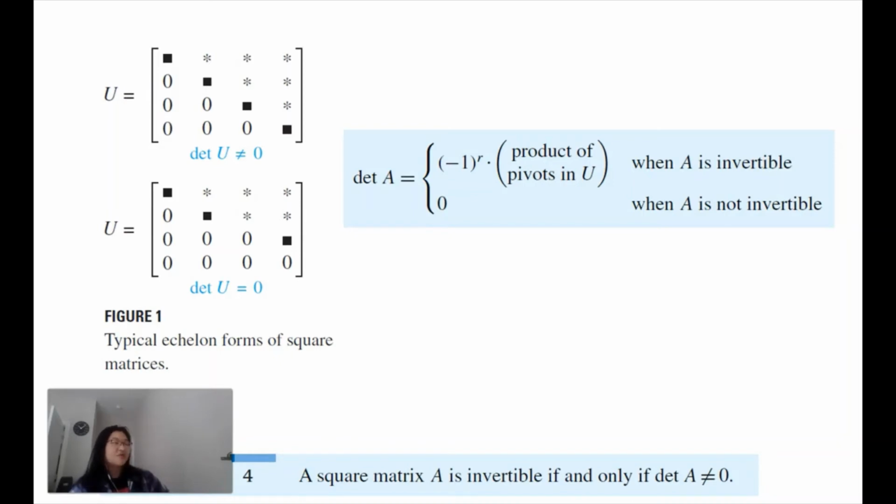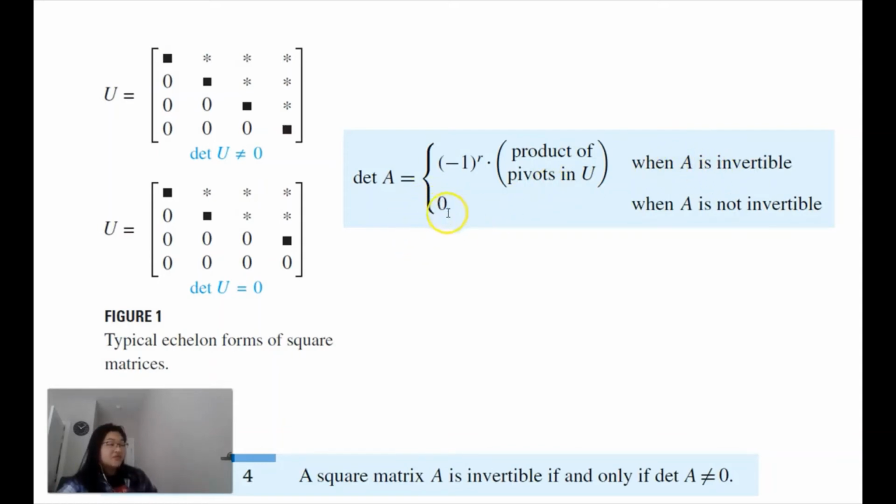Because we have a pivot in each column. So our determinant is negative 1 to the r power, where r is the number of row swaps, times the product of the pivots. So you just multiply. And that means that your matrix A is invertible.